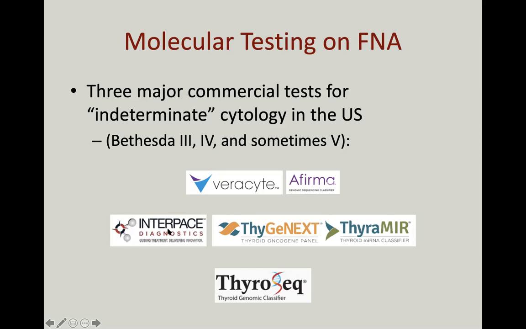They can also test off of formalin fixed paraffin embedded tissue like core biopsies, and they provide very detailed genetic mutational analysis. For Veracyte and ThyroSeq, the reagent is not shelf stable, so it requires refrigeration, and sometimes the Afirma doesn't result quite as detailed mutational information.